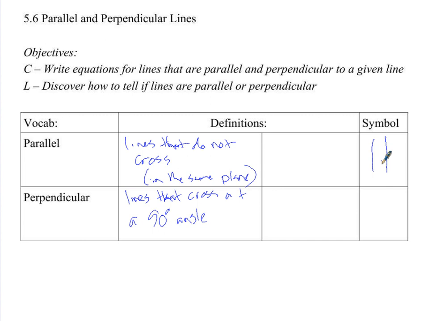We need a symbol for that one. It's a T, but it's a capital T, and it's upside down. Why would we choose a capital upside down T? So that people don't mistake it for a regular capital T, or the plus sign.